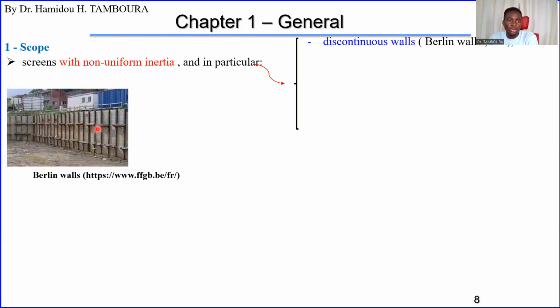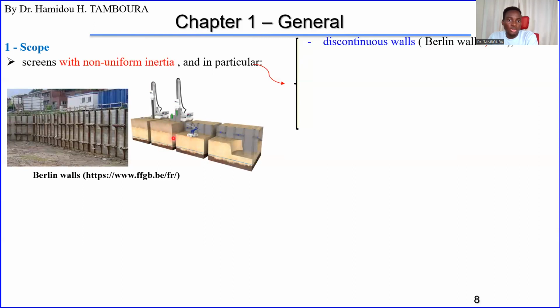This photo shows a typical example, Berlin walls, maybe, and how it is constructed. We insert the wall elements into the ground by pressing, and then we dig the ground.